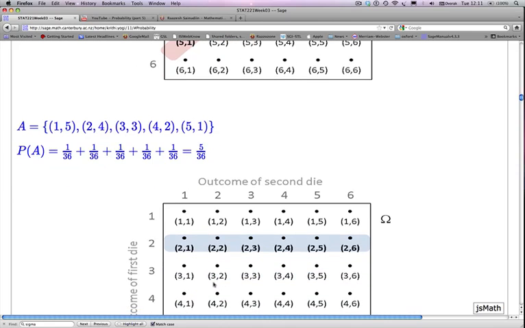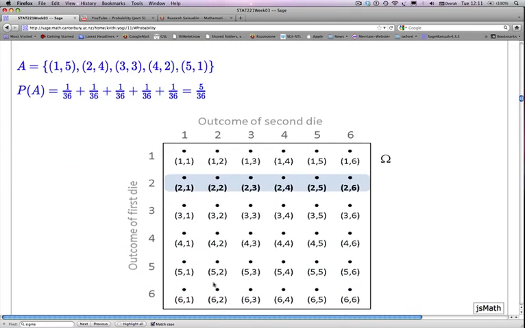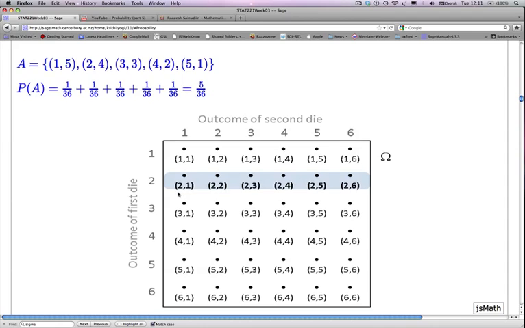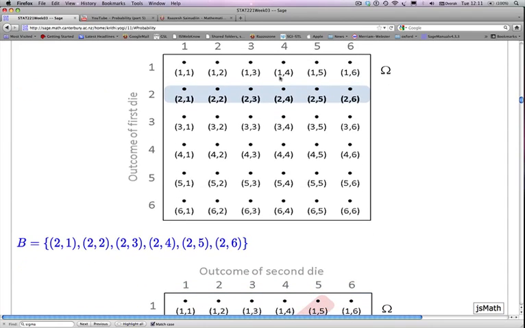Now, what are the outcomes for the second die? Well, the second die can have 1, 2, 3, 4, 5, or 6, while still having 2 as the outcome of the first die, right? So that is B. B is this blue stuff. So B is the event which contains all these possibilities, these outcomes here.